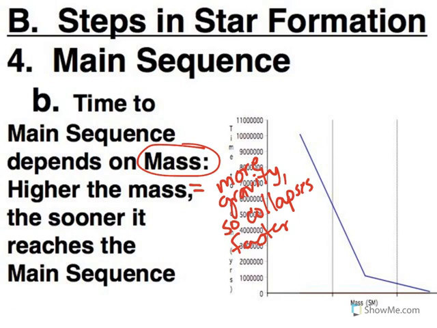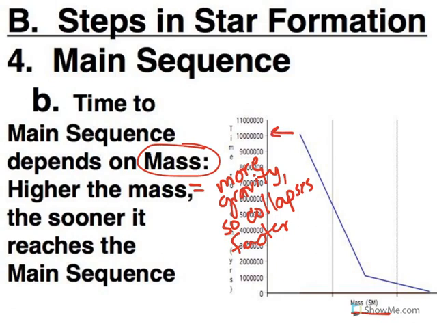So here we've got mass as our horizontal scale, time on the vertical scale, and I don't have units on the mass side here, but you can at least see the general trend that low mass stars take a very long time to form.